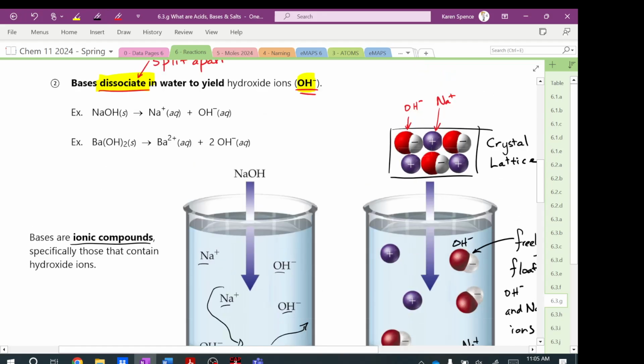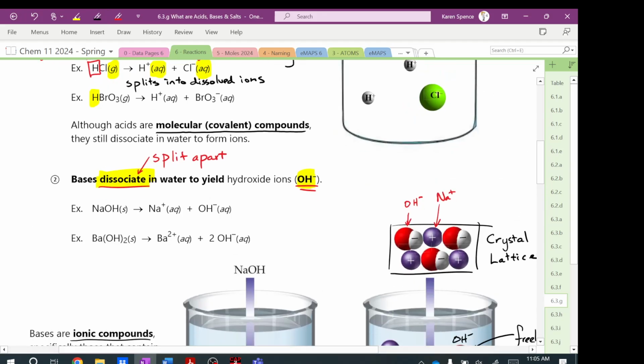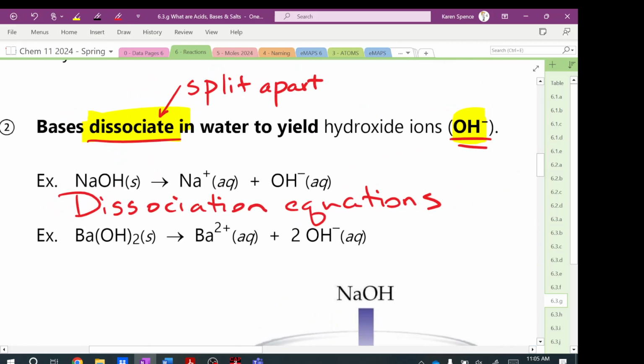So if we want to write the dissociation equations, let's zoom in on that. You'll notice that when we have one Na, we end up with one Na.